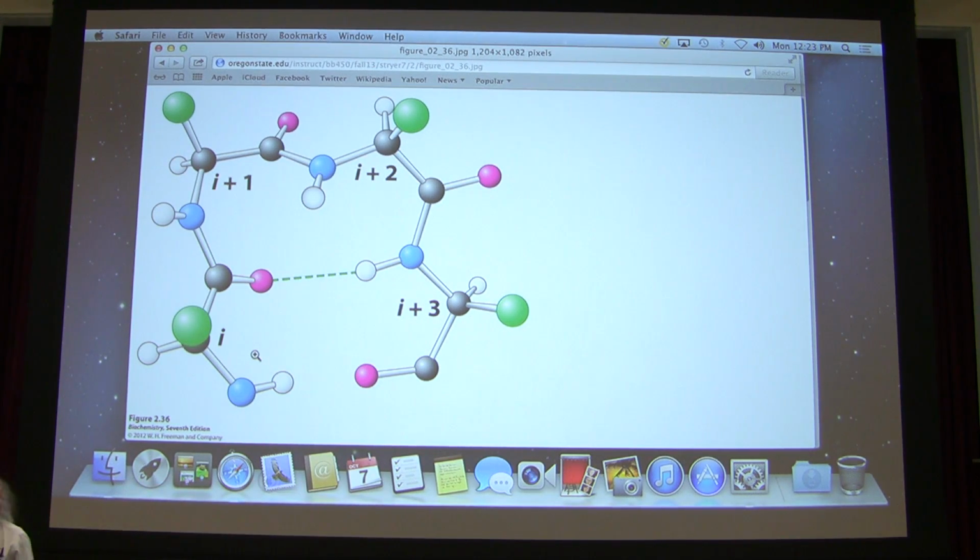And what you see on the screen is a depiction of a bend. Instead of going off in a helical nature or on a pleated nature, this bend is happening right here. And the bend is happening because something is not consistent with that regular structure that we saw for an alpha helix or a beta strand. As I said, most commonly bends will arise in a structure like this because of proline.